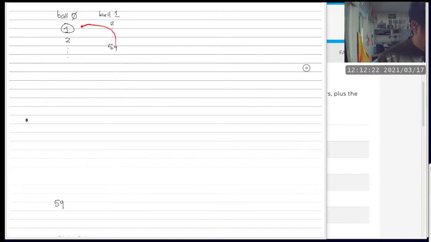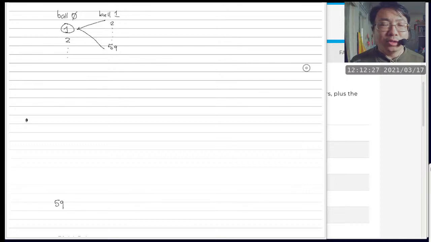But now the question is, what about ball number 1? It gets a little bit complicated because if ball 0 is a 1, then ball number 1 can only be 2 all the way up to 59. 1 cannot reappear because once you take a ball out of a basket, you don't put it back in the game of lotto.